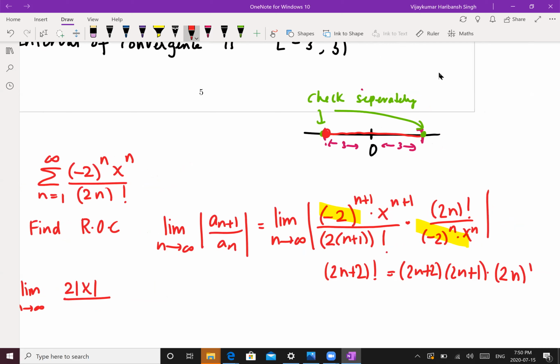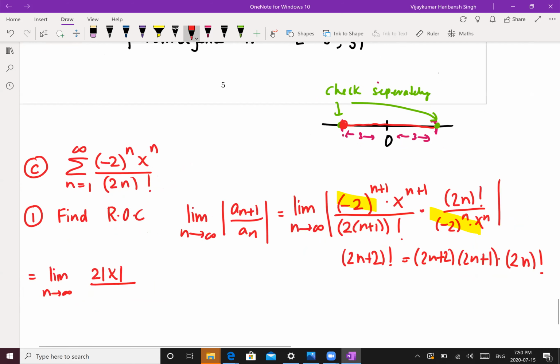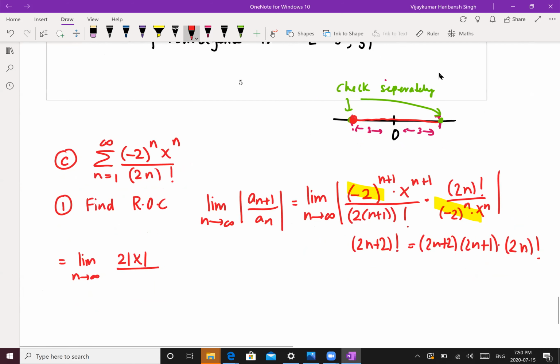So you can cancel those off. In the denominator, you'll be left with 2n plus 2 times 2n plus 1, and everything else is cleared off. Now you have to check what happens as n goes to infinity. As n goes to infinity, this becomes 0, and that is always less than 1.